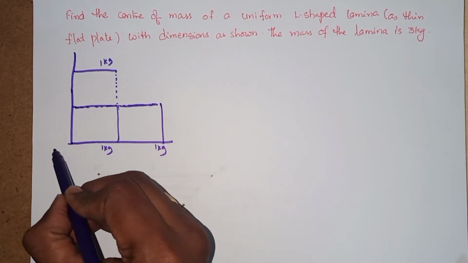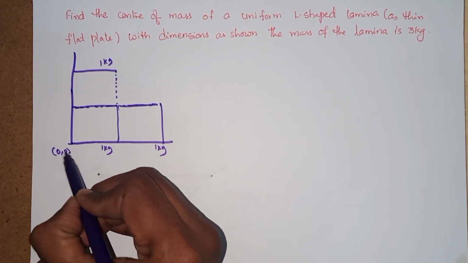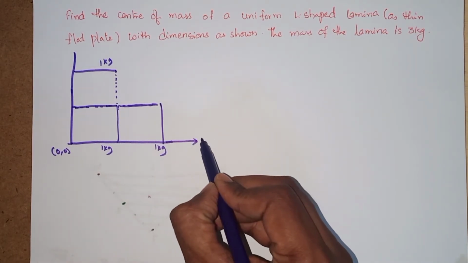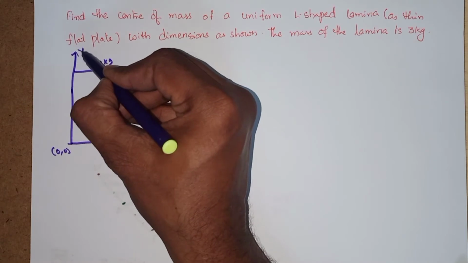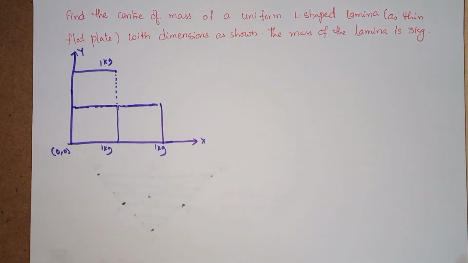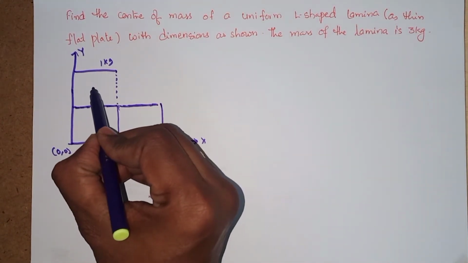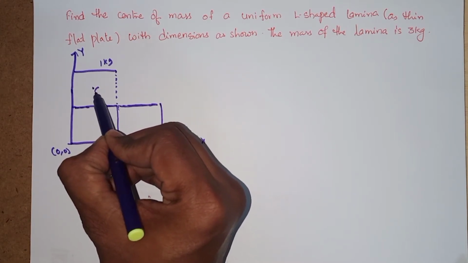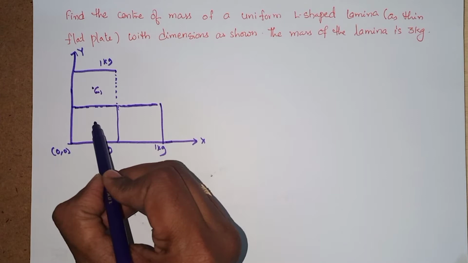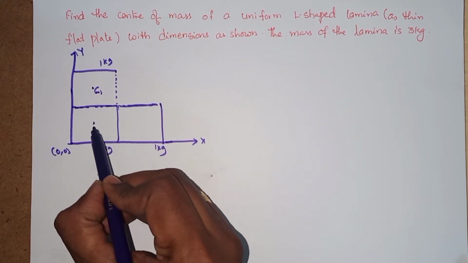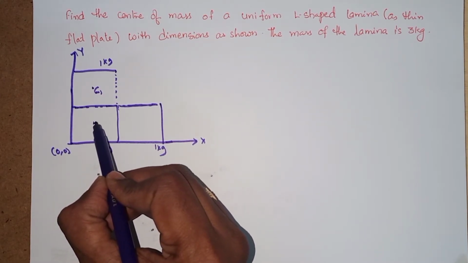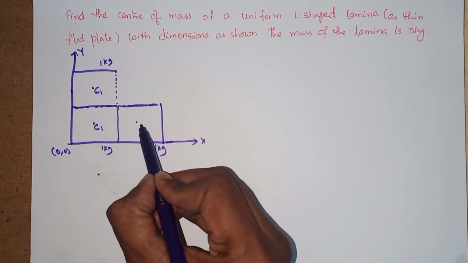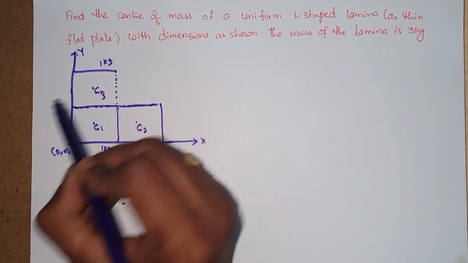So this is 0, 0, the X axis, the Y axis. This is the center of mass location of the first strip, C1. If this is C1, and this is C2, you write this as C3.